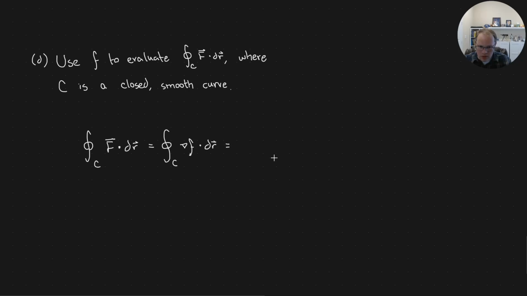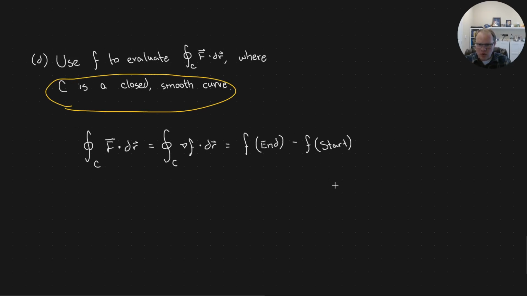And so we can calculate the line integral by calculating f of our endpoint minus the potential function evaluated at our start point. But all we know here is C is a closed, smooth curve.